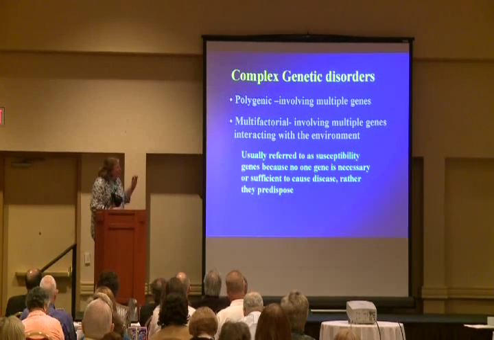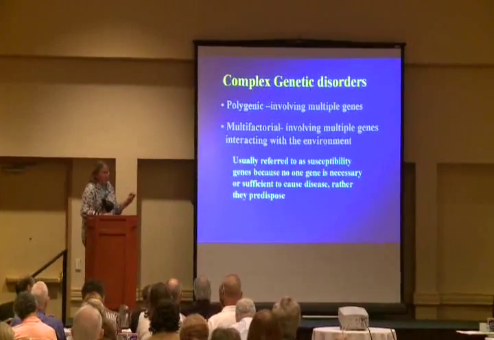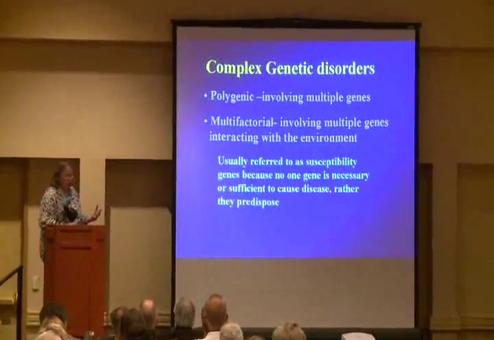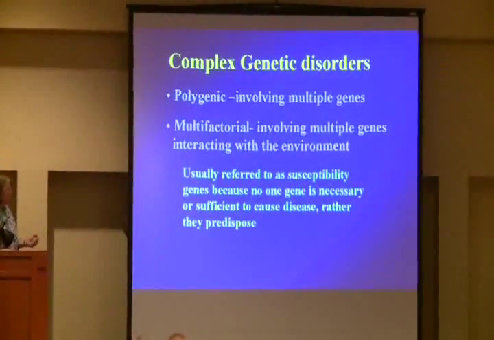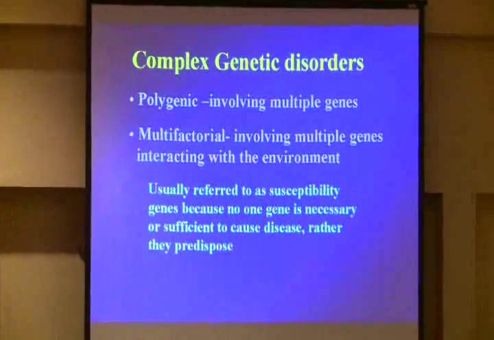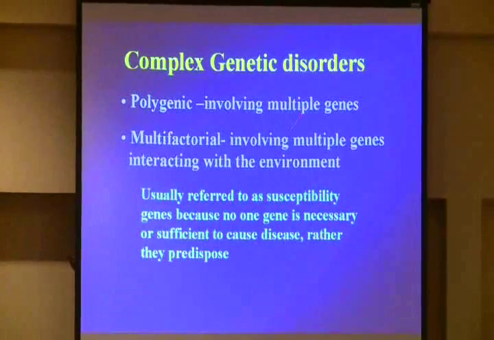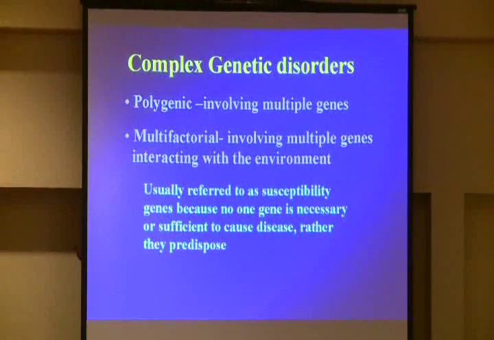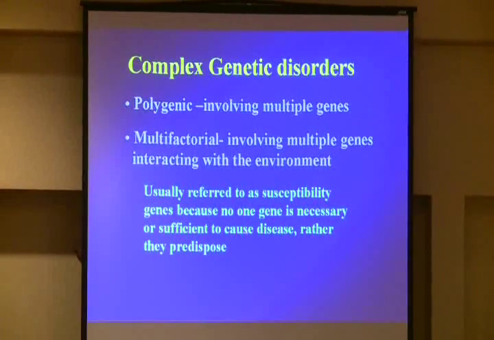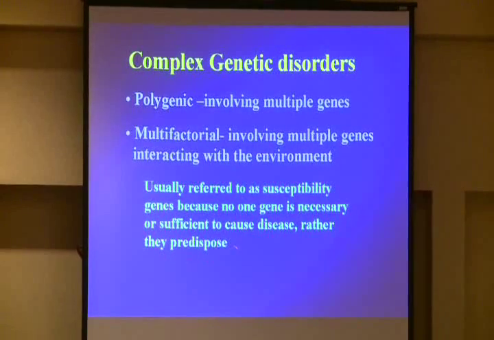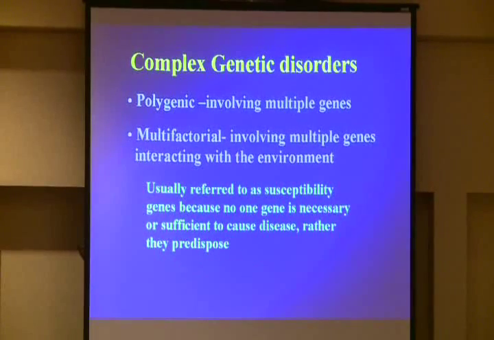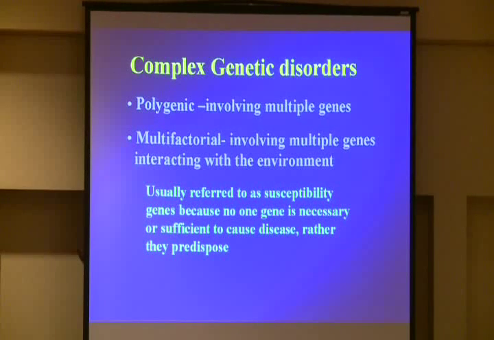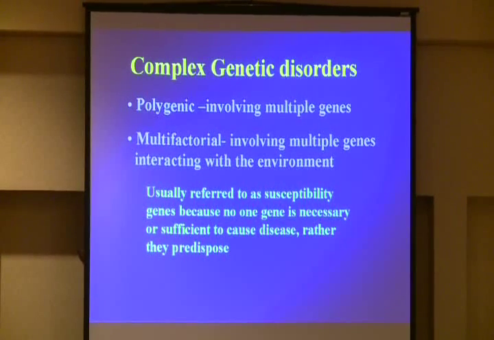And so unlike DYT1 and DYT6, which we call simple or single gene disorders or Mendelian disorders, where that gene by itself can cause the disease, these are usually referred to as susceptibility genes, because no one gene is necessary or sufficient to cause the disease, but instead they predispose you. So different factors come together to build up and push you over a threshold that then makes you manifest the clinical symptoms.